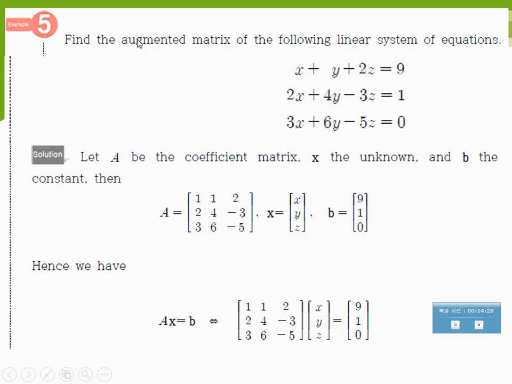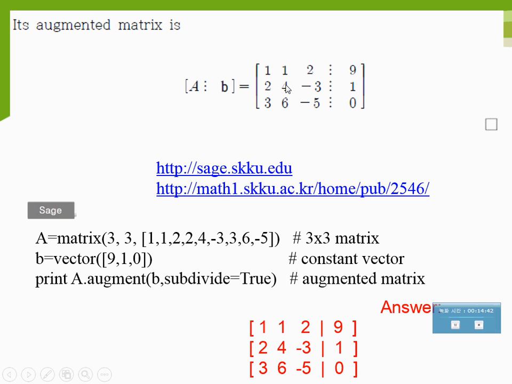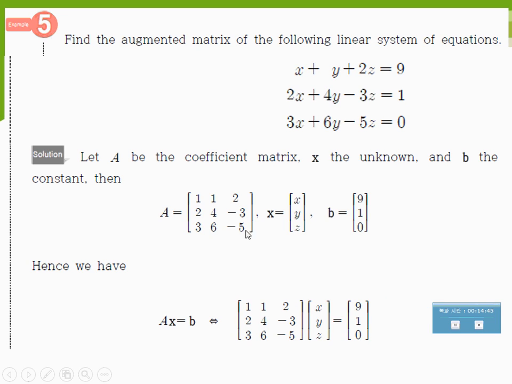Okay. Find the augmented matrix of the following linear system of equations. Then this system can be written as Ax equal b, where A, x, b are like this. So the augmented matrix should be like this. Okay. This linear system of equations can be written in a matrix form like this.